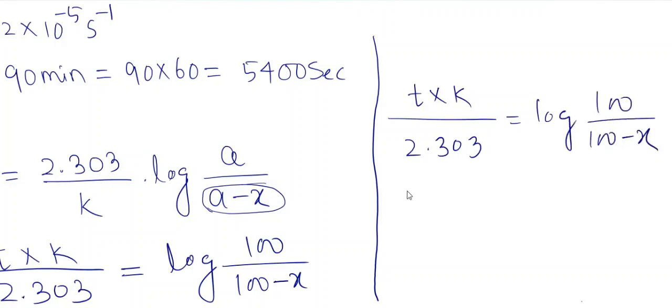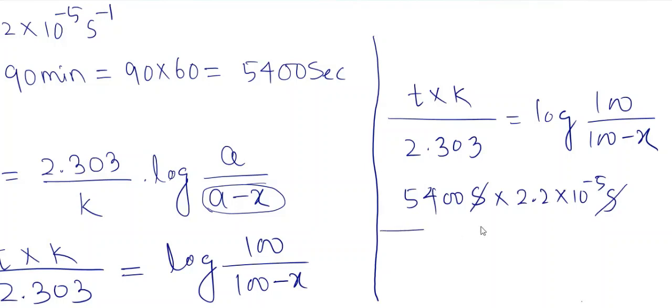Here t is 5400 seconds into 2.2 into 10 to the power minus 5 second inverse. The seconds cancel out, divided by 2.303.